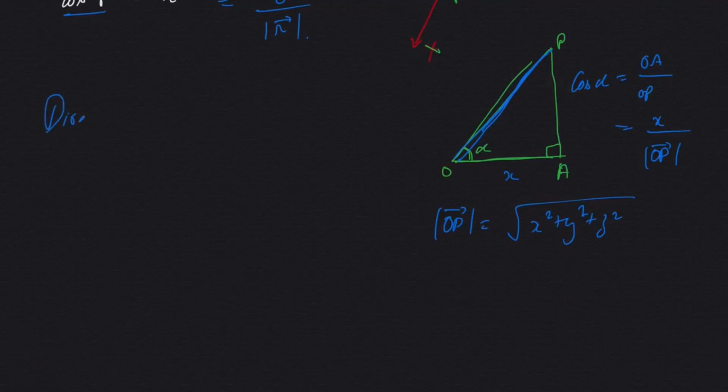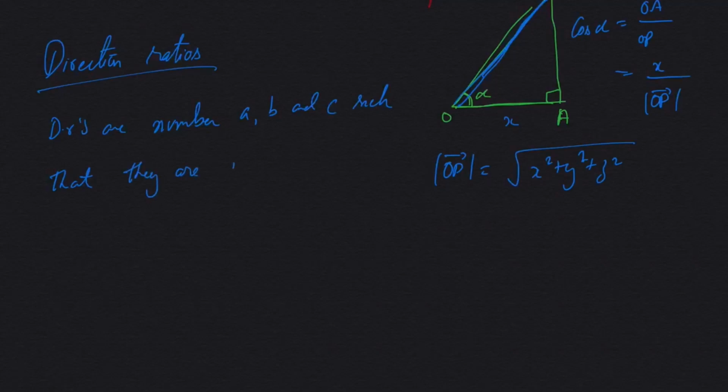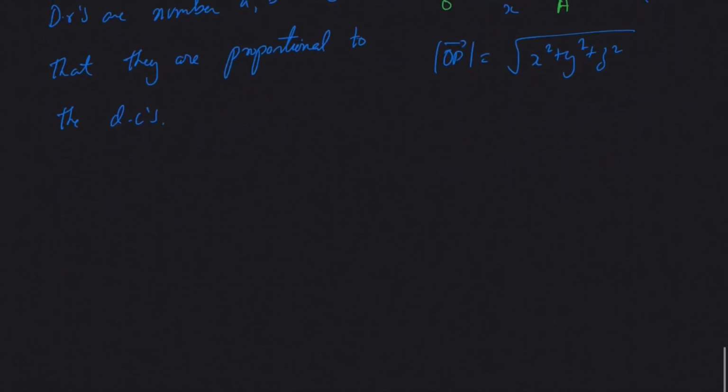Moving on, what are direction ratios? In short, direction ratios are numbers A, B and C such that they are proportional to the direction cosines.